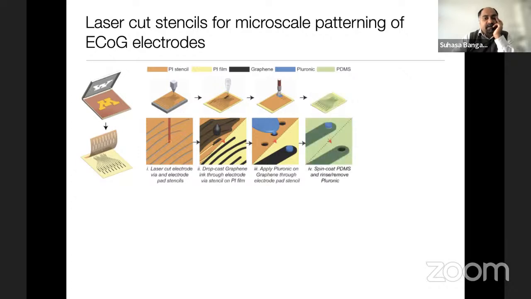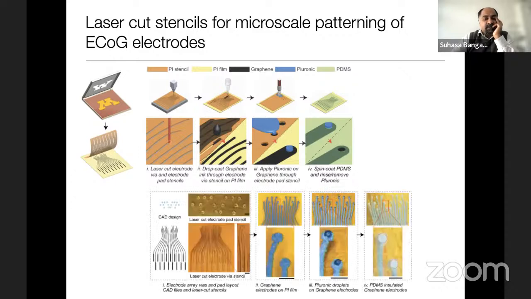the brain. And then we need a way to insulate these electrodes so that just the part of the electrodes that are exposed act as reliable electrical interfaces. And so this is how we do it. We use laser cutters that you see in the bottom left of our screen to pattern these stencils.